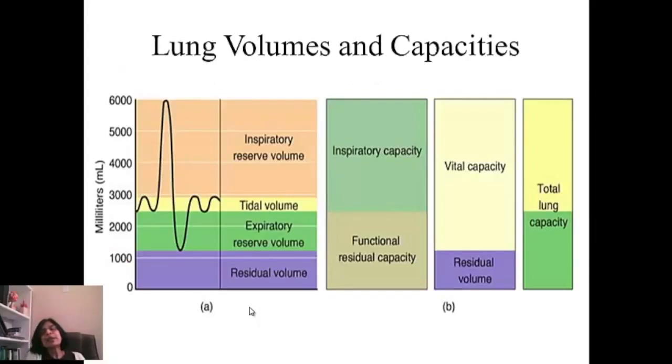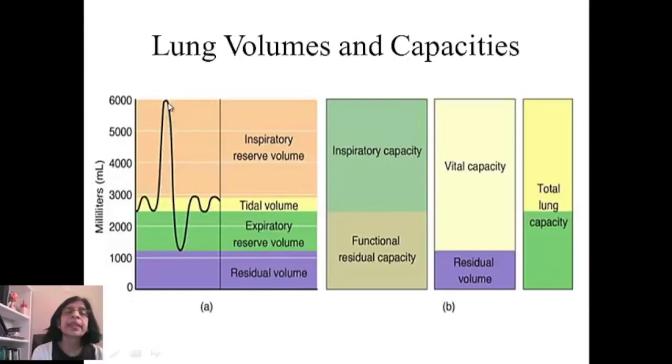Other numbers and capacities to talk about. So the yellow area here is showing normal volume of air that's brought in or released. Okay, that is tidal volume.